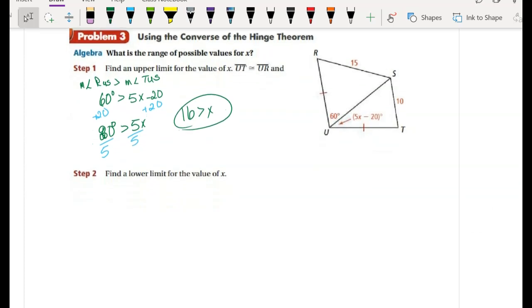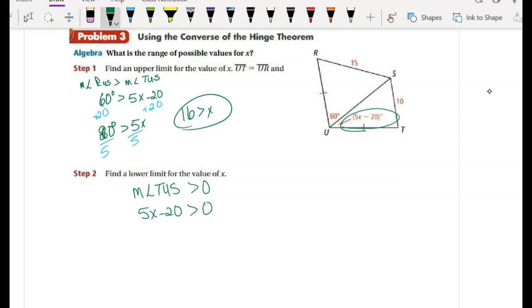So now I need to find my lower value. What's the smallest value that it could be? What do I know that the measure of angle TUS is greater than? I know that the measure of angle TUS must be greater than 0. If it's not bigger than 0, then I don't have an angle. So I've got 5x minus 20, and I'm just plugging this in using my substitution property.